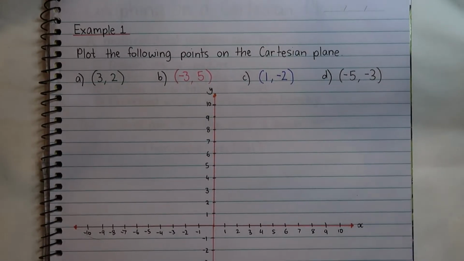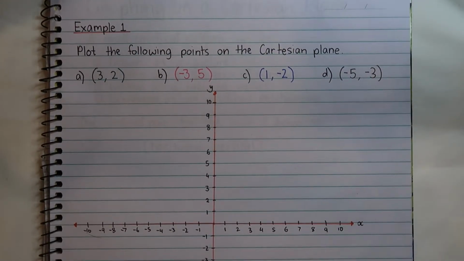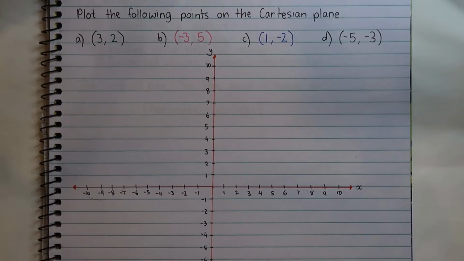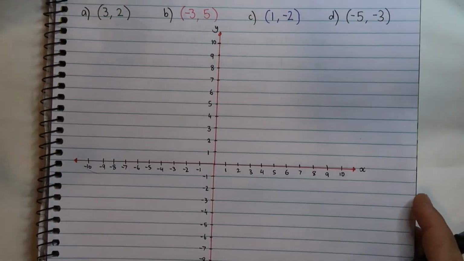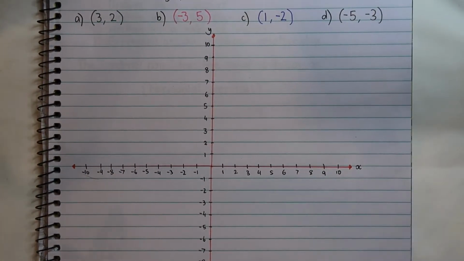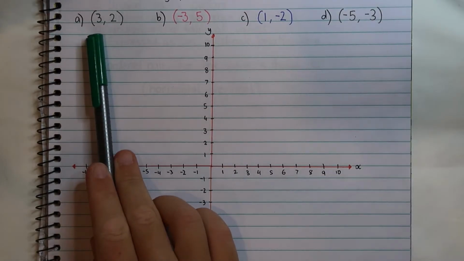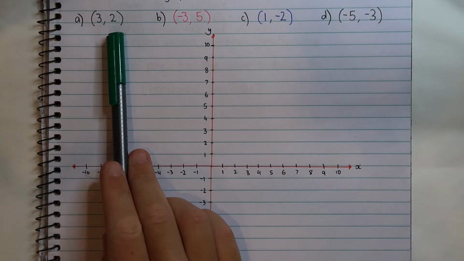So example 1, plot the following points on the Cartesian plane. Okay, so the first point that we're going to plot is 3, 2. So this means we're going to go horizontally across 3, and then we're going to go up vertically 2.